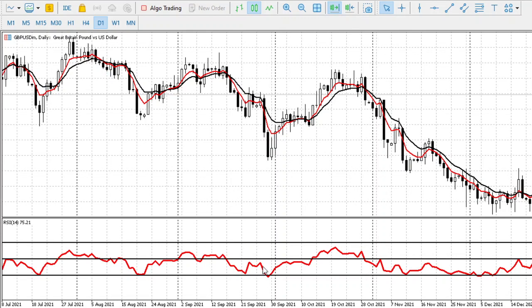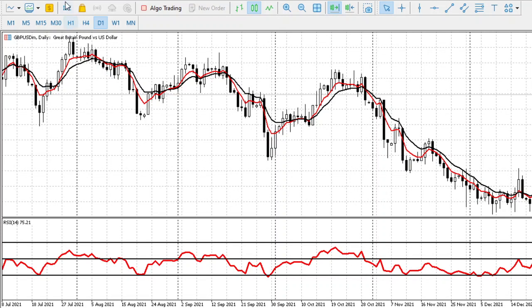So if you have more bullish candles than bearish candles, then the RSI will move above 50. This means that more than 50% of the last 14 candles were bullish candles. That is why it goes above the 50 level.